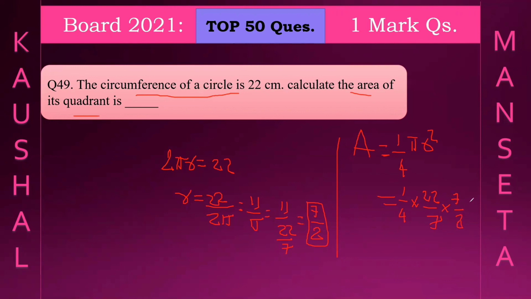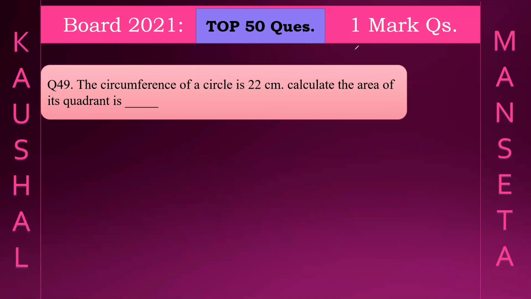See here, 11 will cancel out, and the 7s will also cancel out. So we get 7 elevens are 77 upon 4 twos are 8 centimeter square, because area is in centimeter square. Got it? So the answer is 77 by 8 centimeter square.